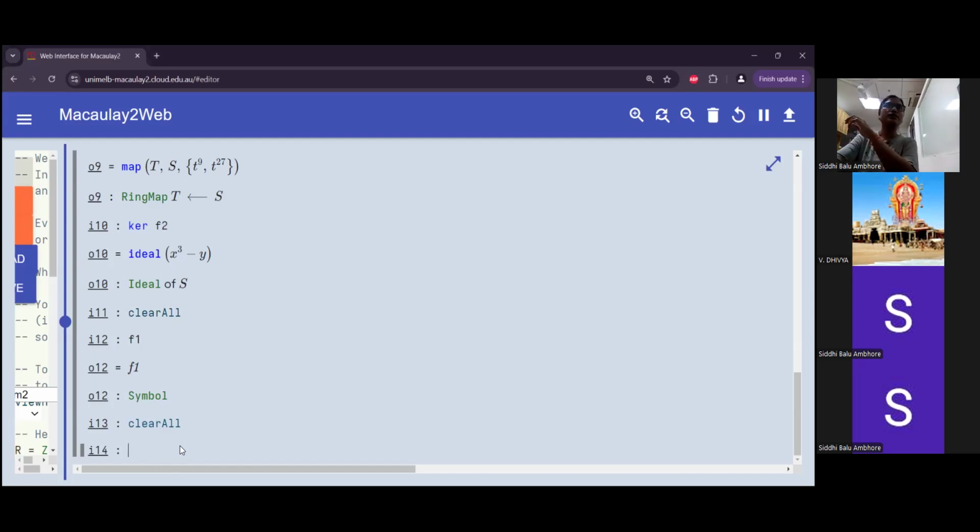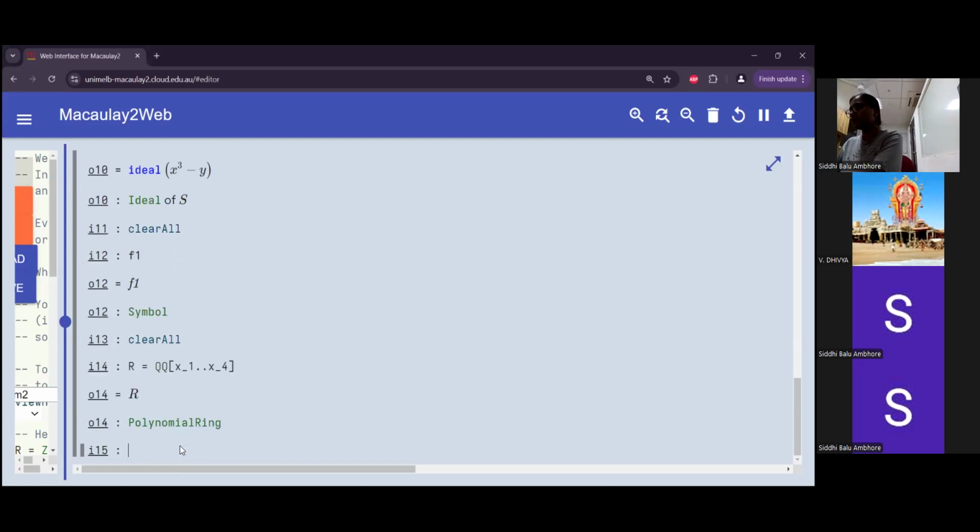So my polynomial ring has 4 variables. Let R be Q[x1 to x4]. If you want, you can give a monomial order, since they said that they want the monomial order to be lexicographic.